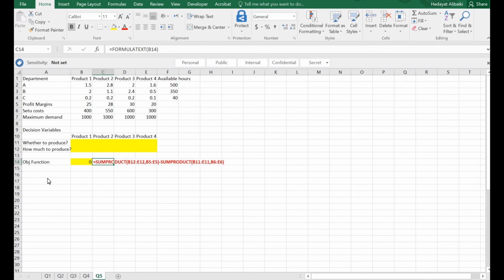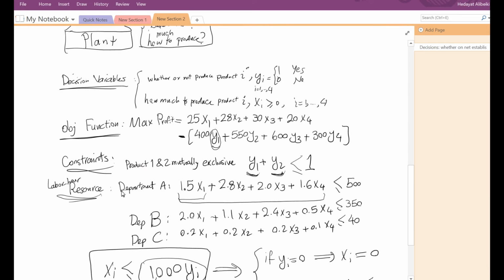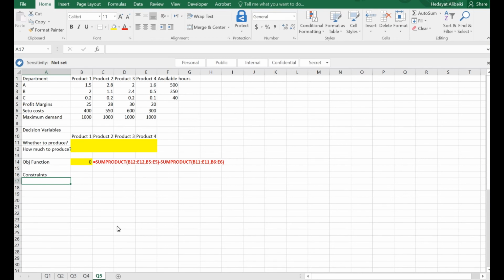So now let's go ahead and write down the constraints. The first constraint, as we had here, is the mutually exclusive constraint. So let's write it this way. Left hand side is the sum of whether or not to produce product 1 and whether or not to produce product 2, y1 and y2.